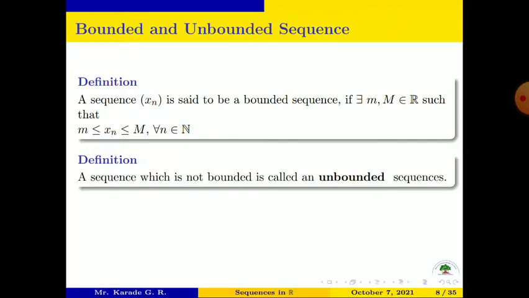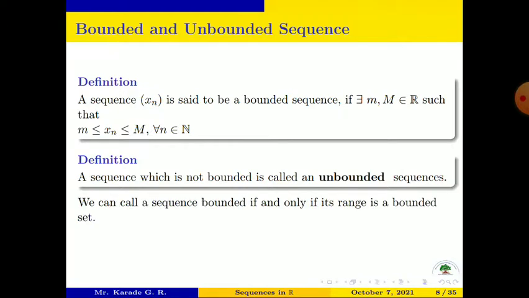Let us define what is meant by an unbounded sequence. A sequence which is not bounded is called an unbounded sequence. We can call a sequence bounded if and only if its range is a bounded set.